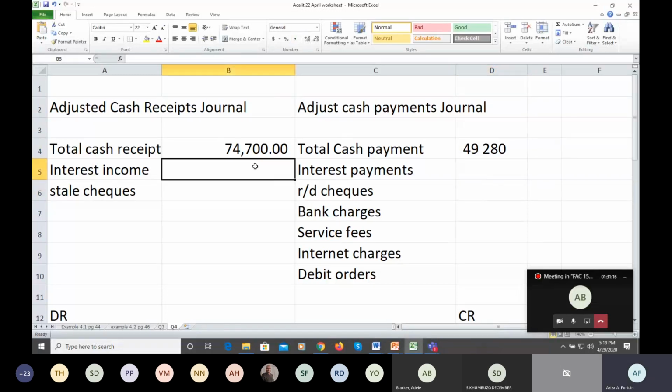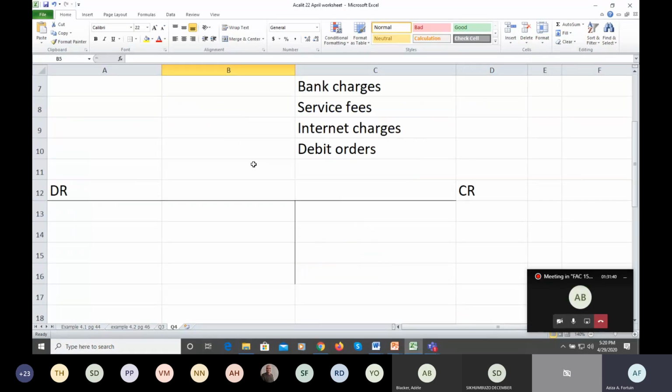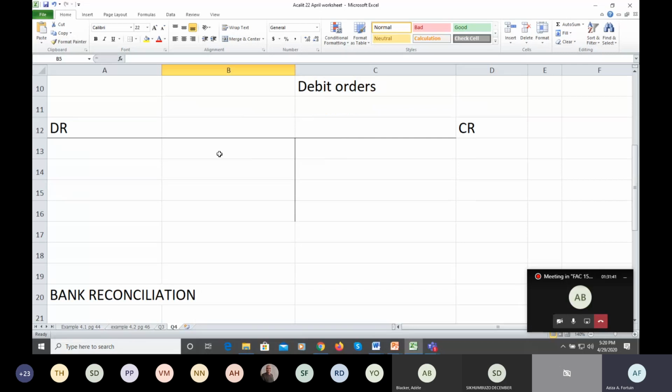Okay. The next paragraph, 1. They say on comparing the bank statement with the cash receipts and the cash payments journal, the following were noted. On the 1st of March, the bank account in the general ledger showed a favorable balance of 1877. Now, it said the bank account, so we're going to put it in our bank account, showed a favorable, right?